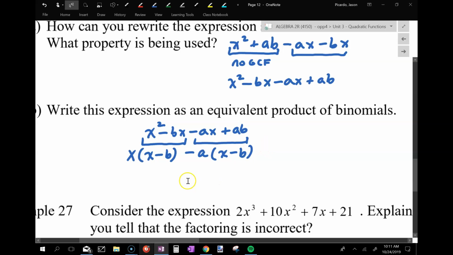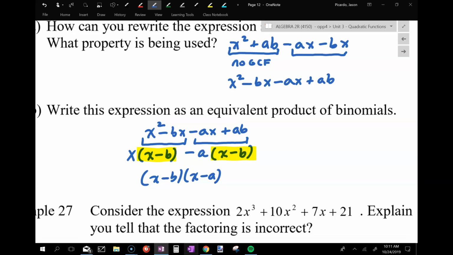Oh, perfect. Do these 2 things match? Yeah, so I feel pretty good about that. These match. And so my final answer would be an x minus b times an x minus a. And that's factored. Right? So sometimes we might have to change the order of those things so that we can use the method.